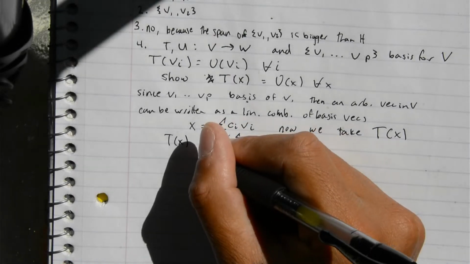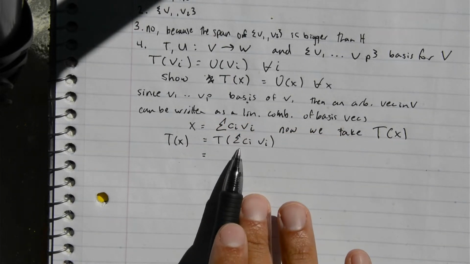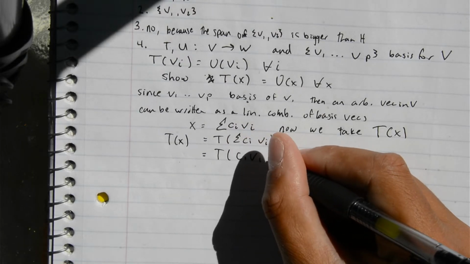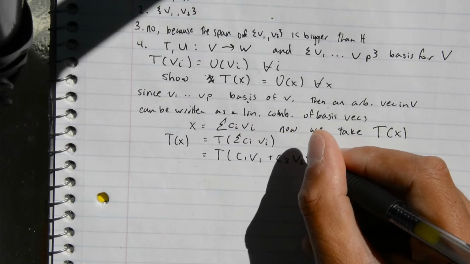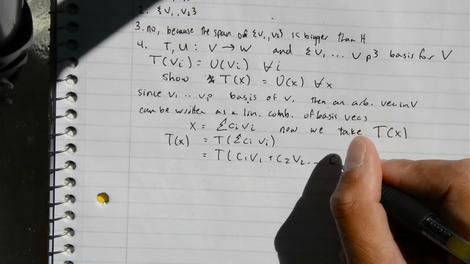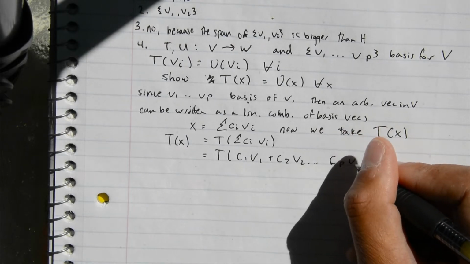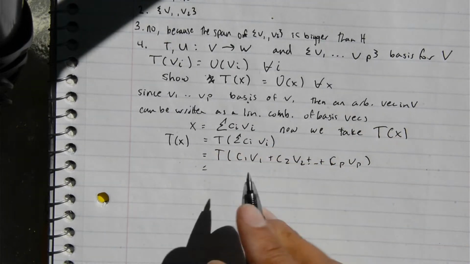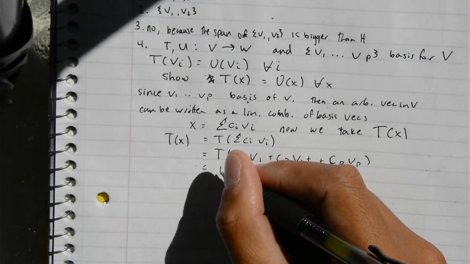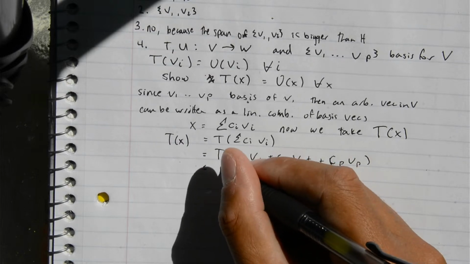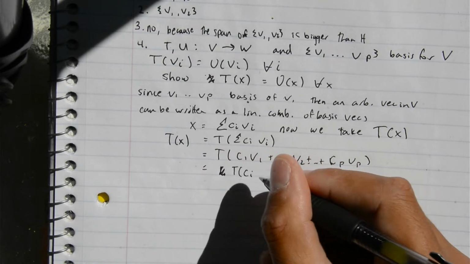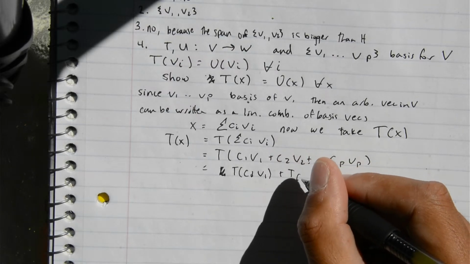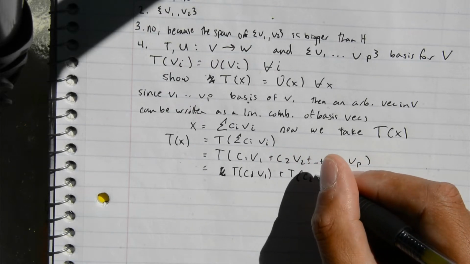Okay, so then this is going to be equal to, so if we have T of C1 V1 plus C2 V2 dot dot dot CP VP. And this is going to be equal to, by the definition of linearity, T of C1 V1 plus T of C2 V2 dot dot dot.